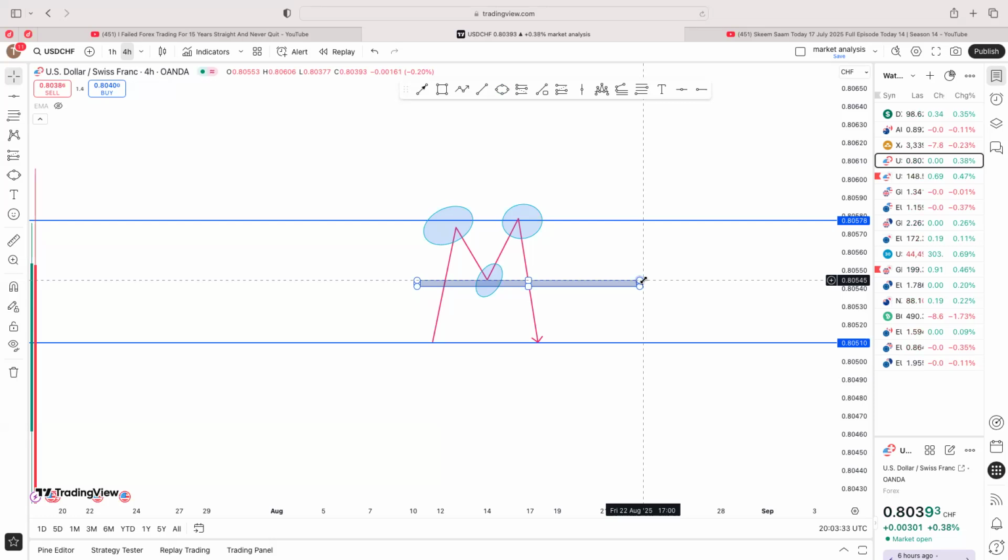Did you get my point? So the equal high and the neckline is what characterizes this M pattern to be a valid one.